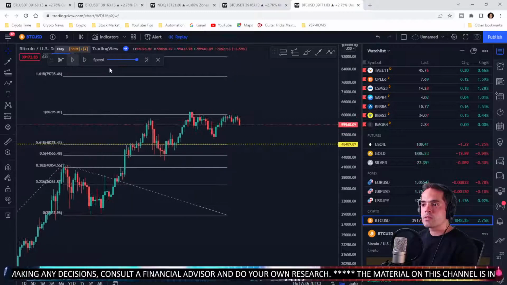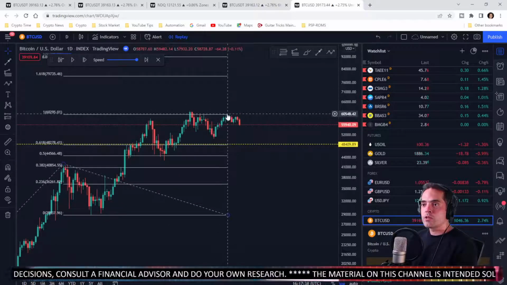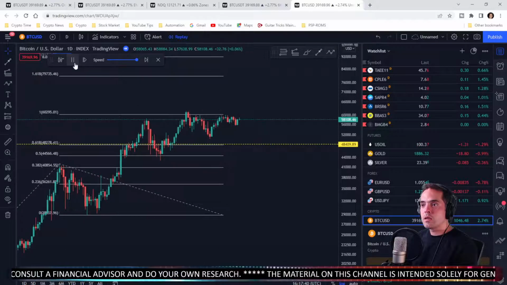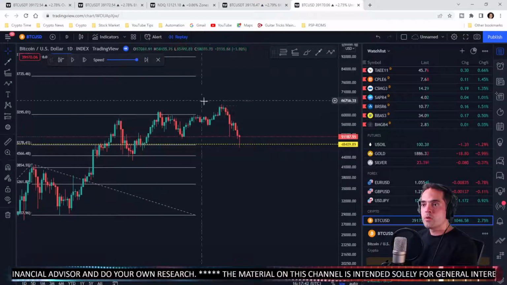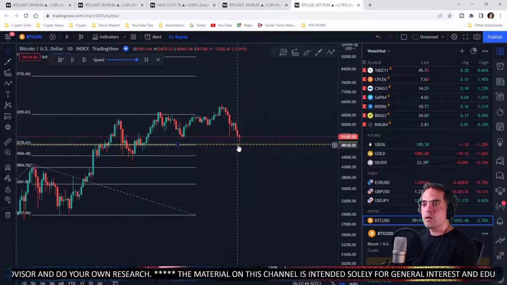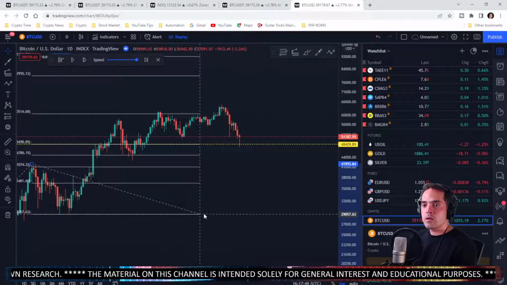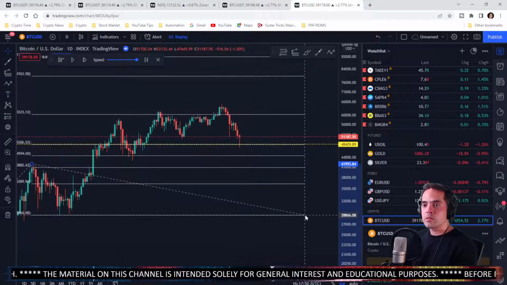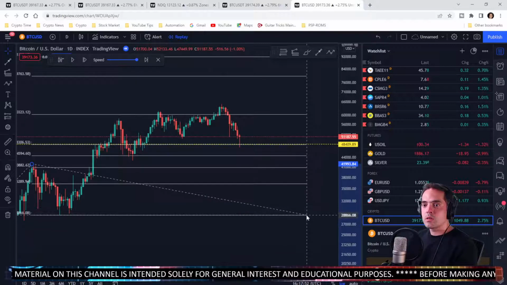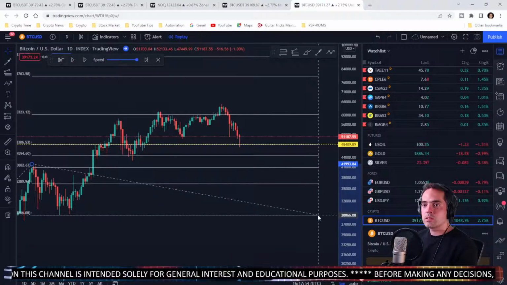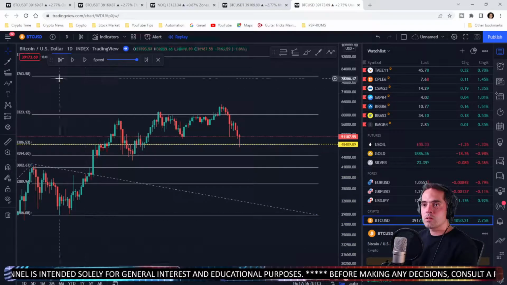So you see the price again hits that region, resistance, breaks through, goes back down. I might extend that a bit. Let's extend that.